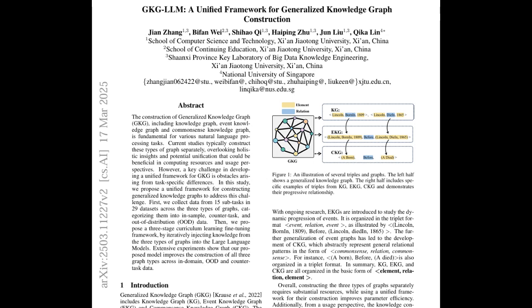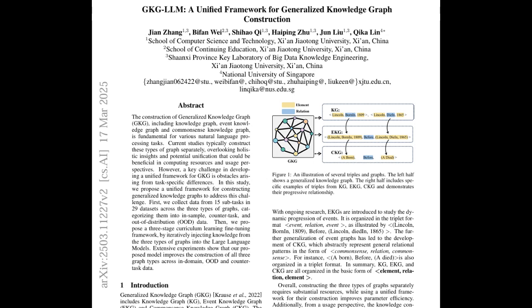It sounds great in theory, but I imagine there must be some pretty serious challenges in actually making this work. Oh, absolutely. And one of the biggest challenges is what they call task-specific differences. Right, you mentioned that earlier. Can you explain what makes it so difficult to unify the construction of these different types of graphs? Even though they all share that basic element relation element structure, the actual tasks involved in building them are quite diverse.